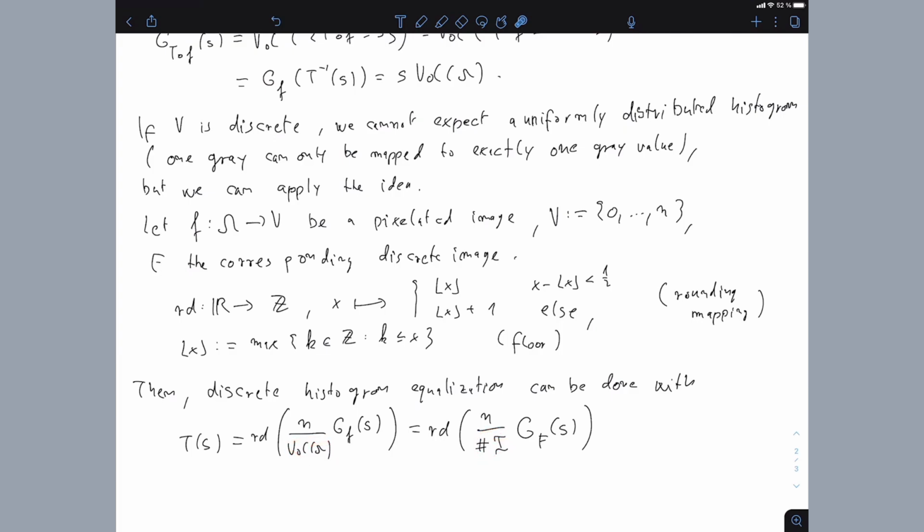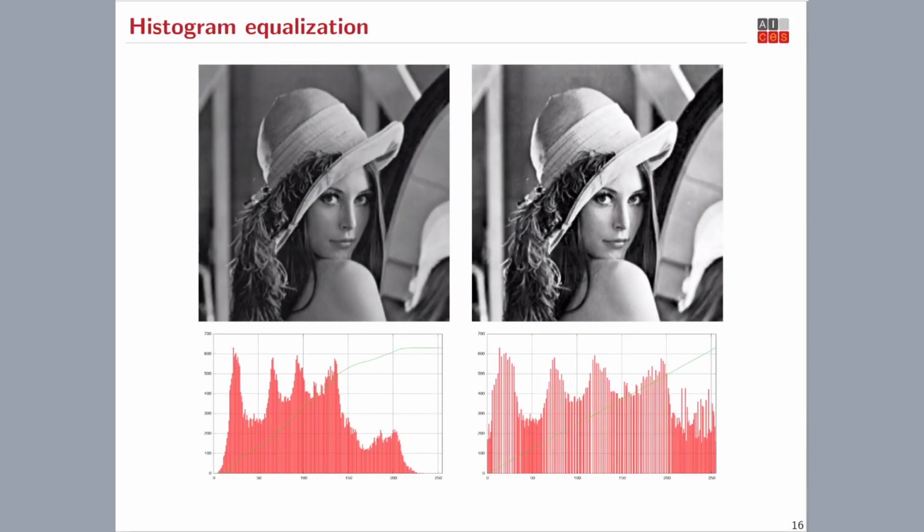And this is now something you can just go ahead and apply to your image. This is exactly what I did to generate those plots. You compute the CDF, and then you get this transformation function by rounding the scaled CDF to integers and just resampling that.